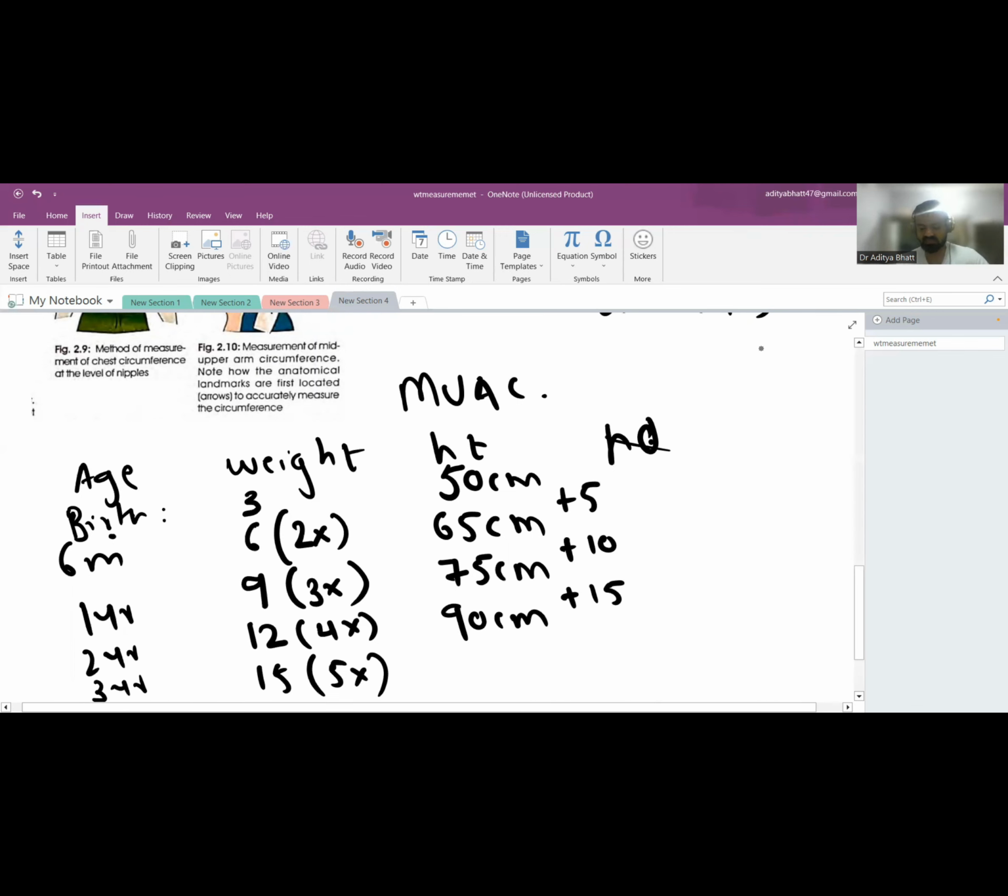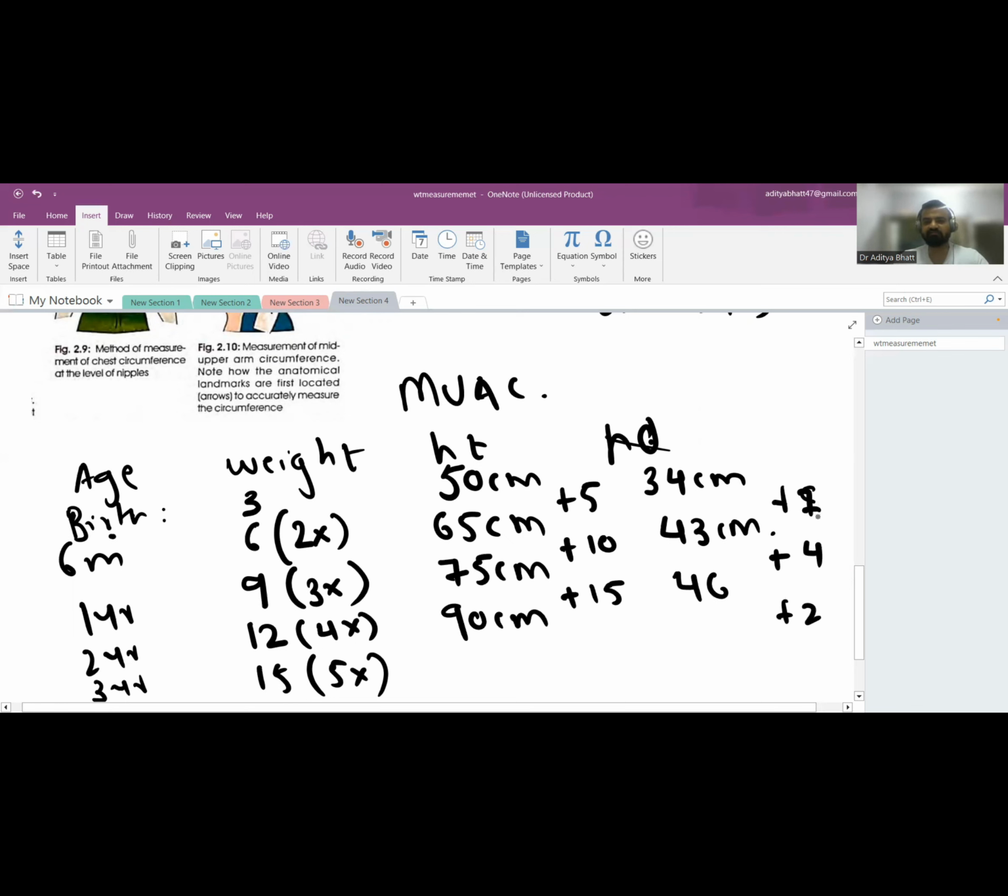After that, the formula gets a bit hazy. Up to 2 years, you can easily do the additions and you will get the expected height in the patient. For head circumference, at birth it is 34 centimeters, then 43 centimeters. You add 7, then add 4, then add 2.